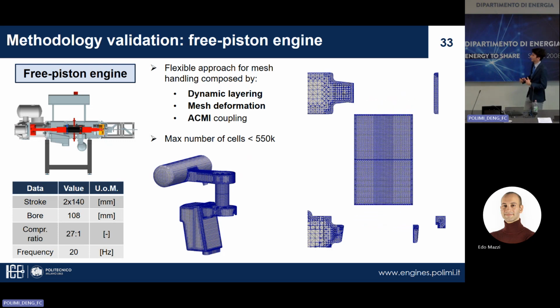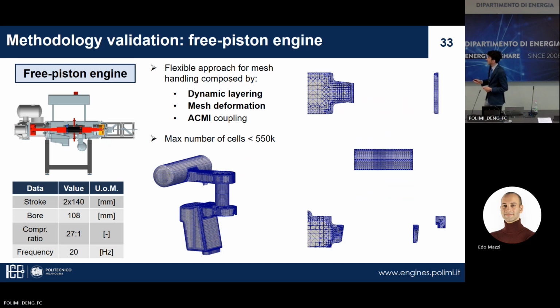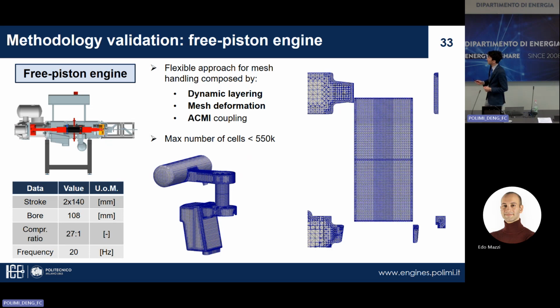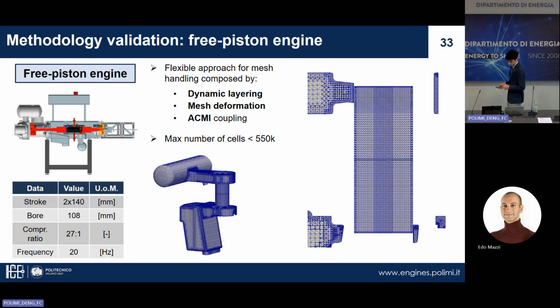We used the dynamic layering because, as you see here in this moment, when the pistons are closed, we use the dynamic layering approach to remove the cells and to add the cells when it is moving.